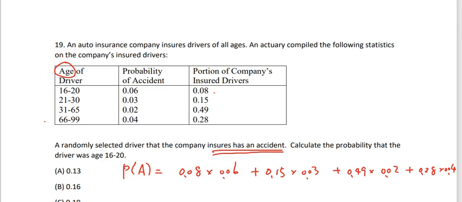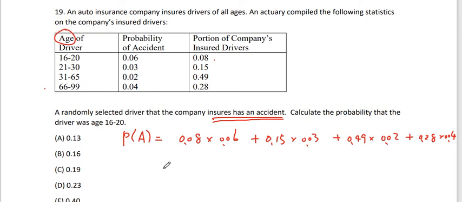So this is for all people, right? We actually have 4 parts. The first part is young people, and this is just middle age from 21 to 30. So we want to find the probability that the driver's age is in this part.